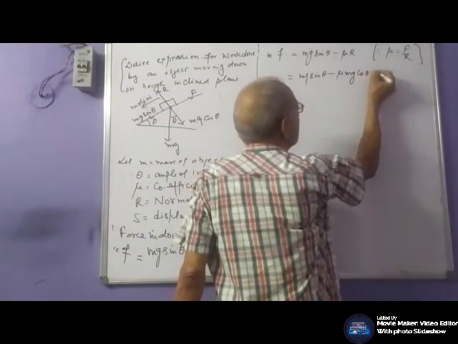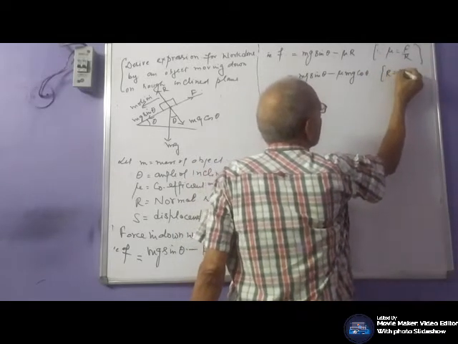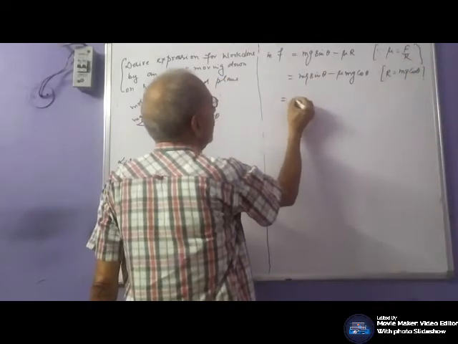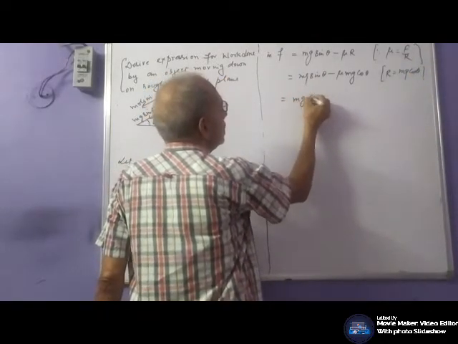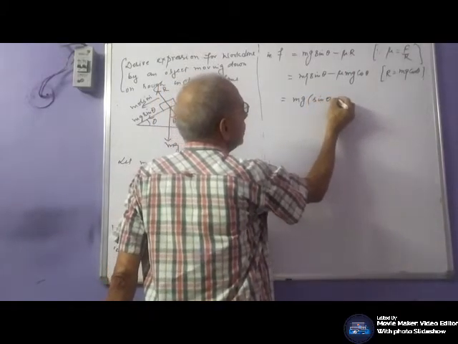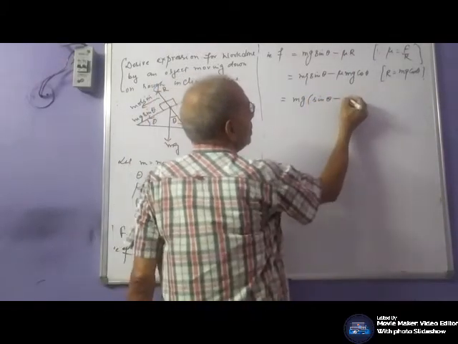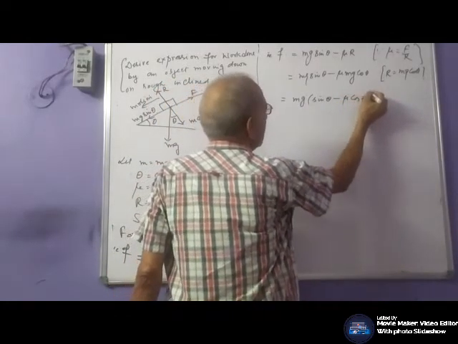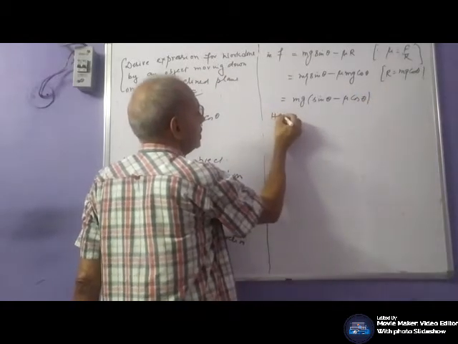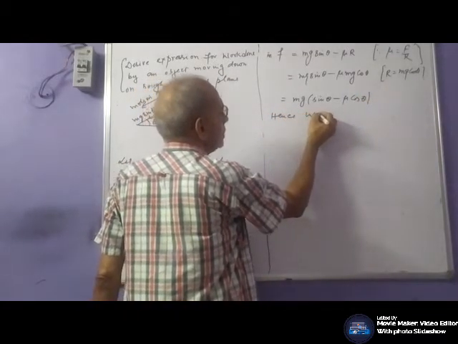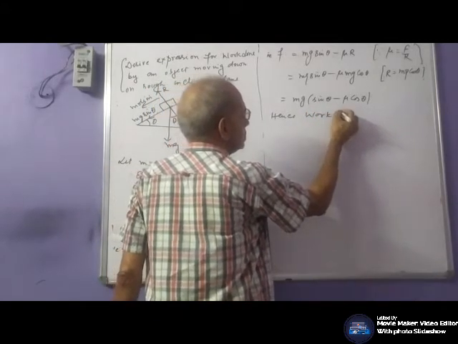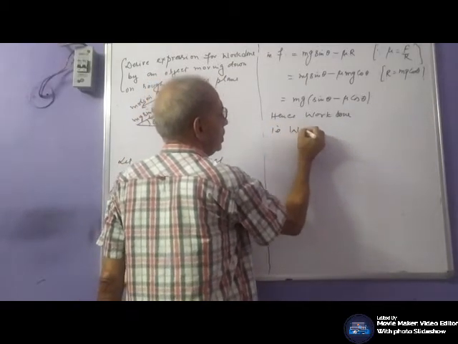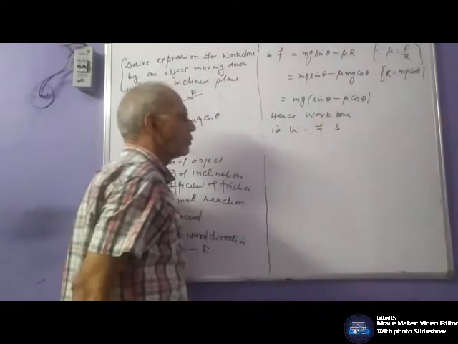R is mg cos theta, see figure. R is mg cos theta. m common, g common. It is sin theta minus mu cos theta. Hence, work done, that is W, small f is that force.